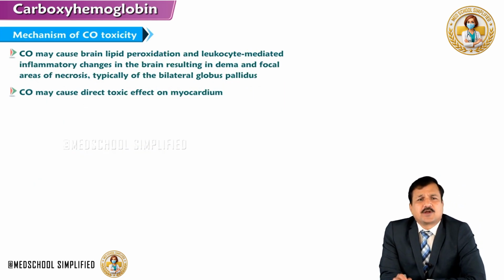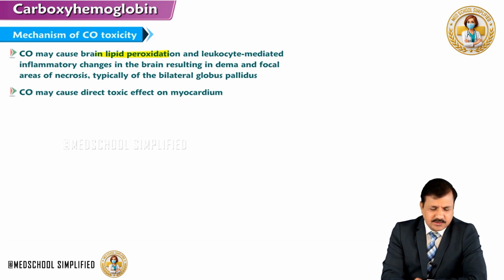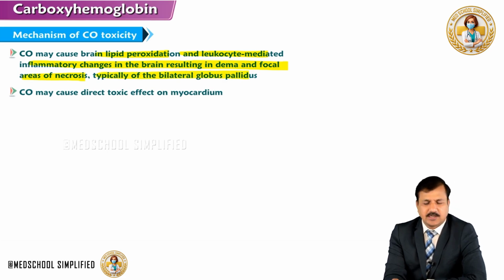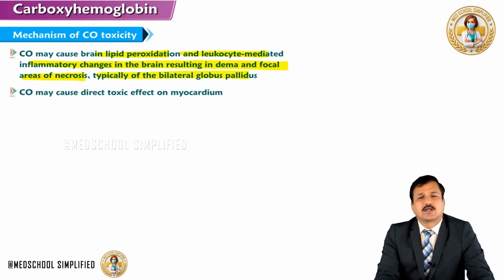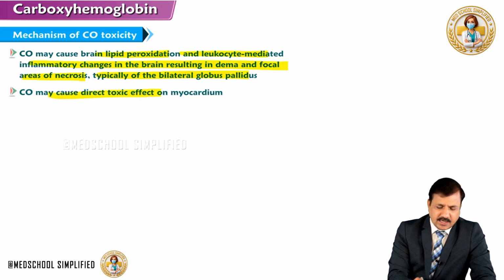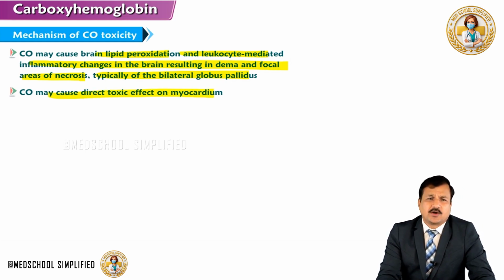Thereby carbon monoxide may also cause brain lipid oxidation and leukocyte-mediated inflammatory changes in the brain that result in edema, focal area necrosis, and typically the bilateral globus pallidus can undergo necrosis. Carbon monoxide may also cause direct toxic effects on the myocardium.